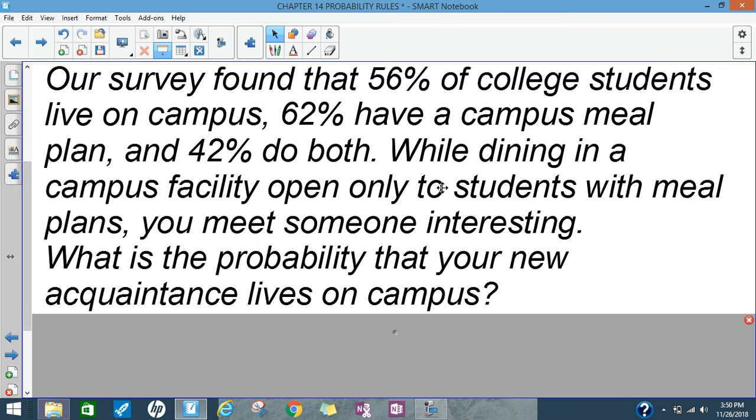In order to run into a student there, they have to have a meal plan. You meet somebody you find interesting, and you want to know the probability that that person lives on campus. We're already given an event that the person has a meal plan, so we want to know the probability that this person lives on campus given that they have a meal plan.